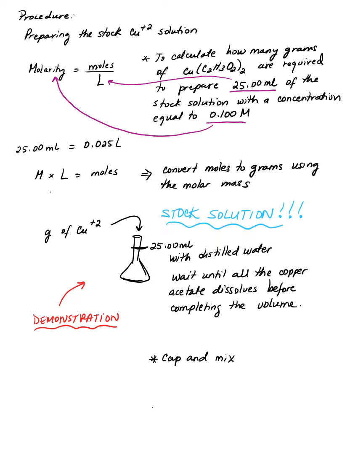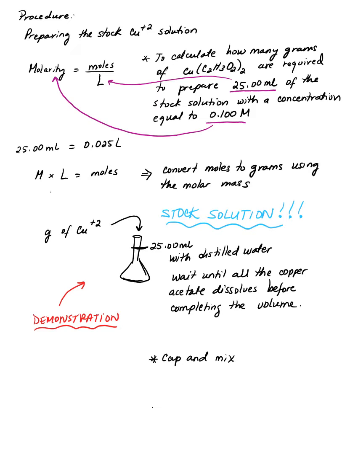So for molarity, you have the moles of your solute, which is your copper plus 2, divided by the total volume in liters. So we're preparing the stock solution. You have a volume because you know that you need to prepare 25 milliliters. That volume in liters is 0.025.